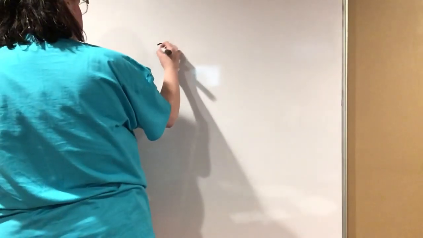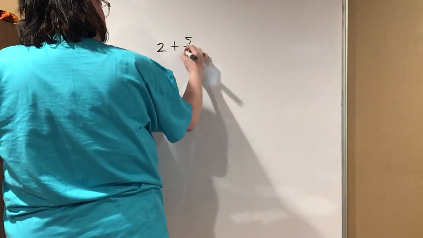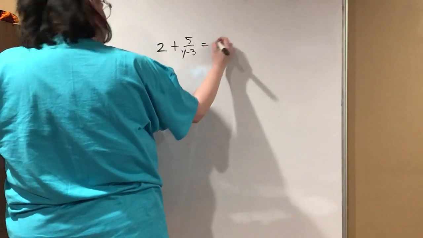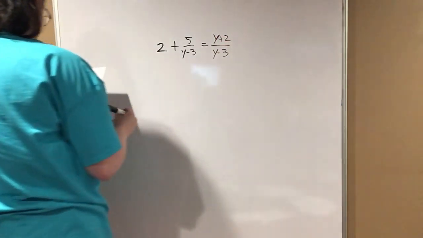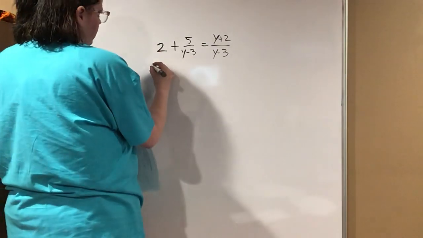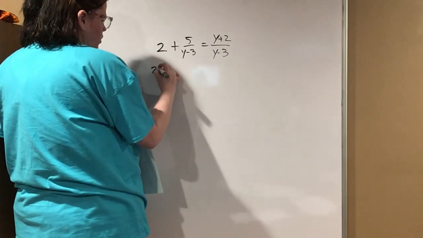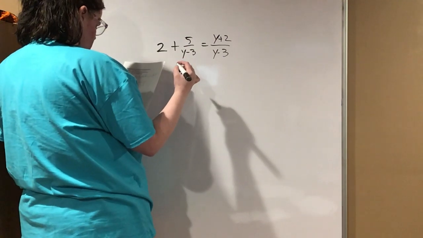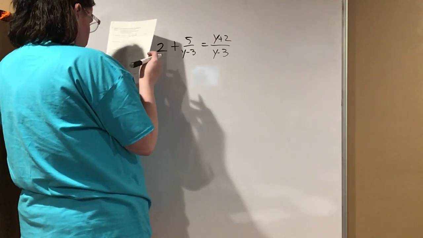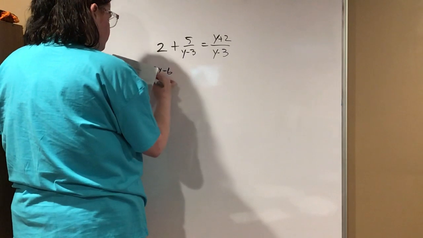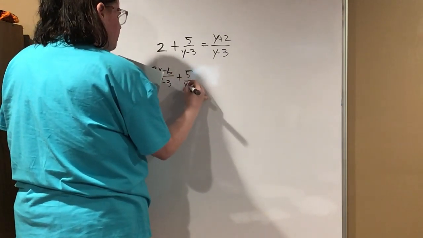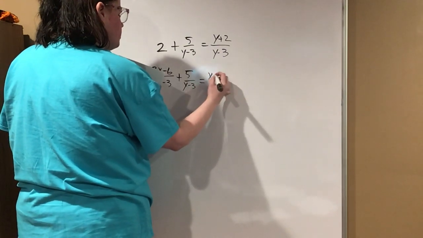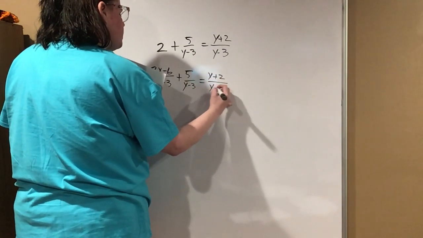Because what if we have one that doesn't make sense? Like 2 plus 5 over y minus 3 equals y plus 2 over y minus 3. Well, I need to multiply this guy right here by y minus 3. So I have 2y minus 6 over y minus 3 plus 5 over y minus 3 equals y plus 2 over y minus 3.